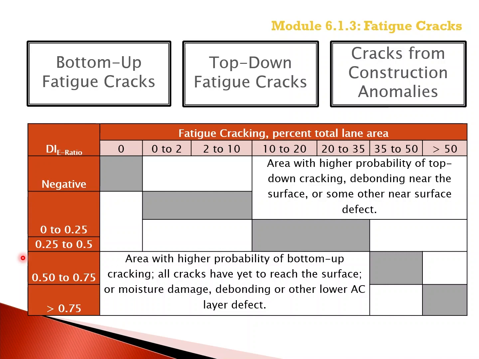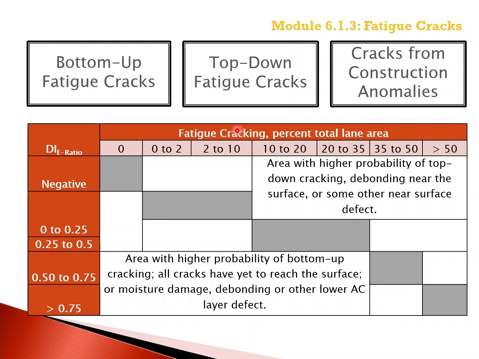In summary, the bottom-up fatigue damage index was derived from the back-calculation process of elastic layer modulus in comparison to the laboratory-measured or undamaged values, and the amount of fatigue or alligator cracking observed at the surface.